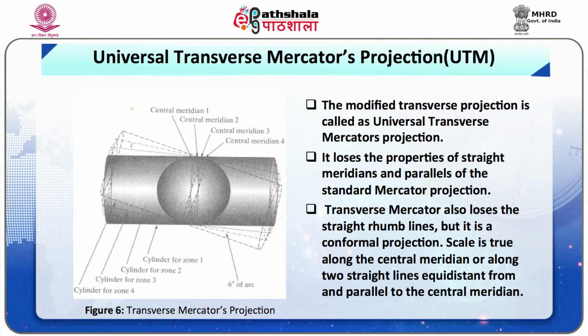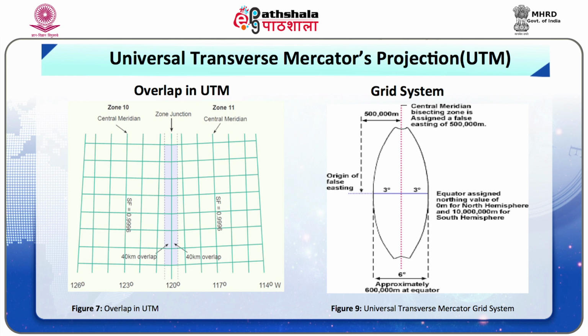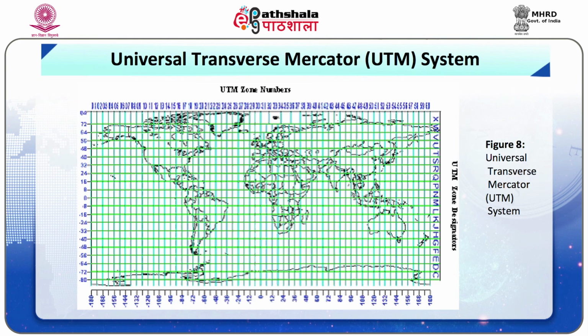Figure 6 shows the transverse Mercator's projection, and figure 7 shows the overlap in the UTM. Table 1 shows the UTM zones with their numbers and central meridians, whereas figure 8 shows the transverse Mercator's projection system.